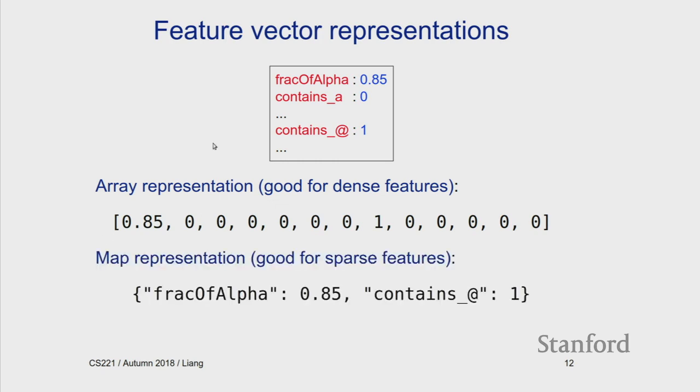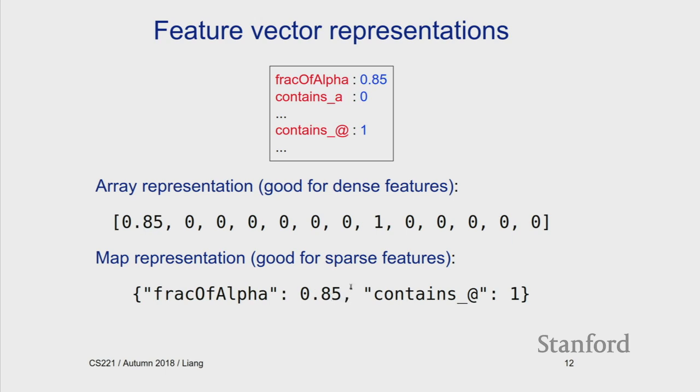But for text data, where you have features of the form contains a string or contains a word, you really want to use something more like a map representation, which you can think about as a dictionary mapping the feature name to the value.